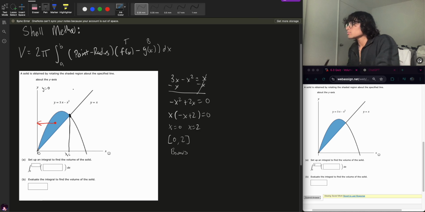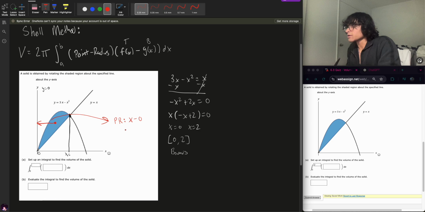So when we put this out, actually, I can just make one big arrow here. The point radius is going to be x minus 0. Because it's x, the point from here, and its distance from the axis is 0.